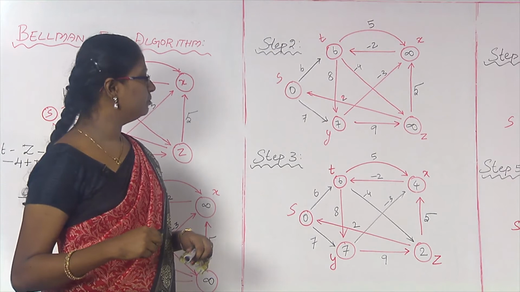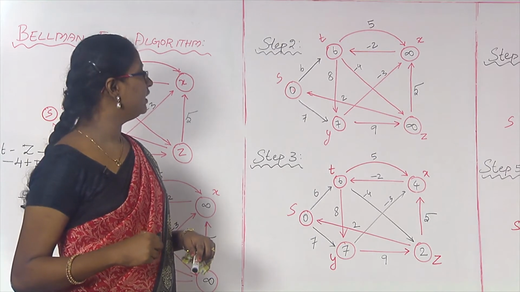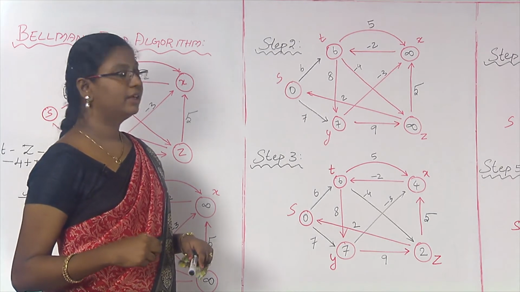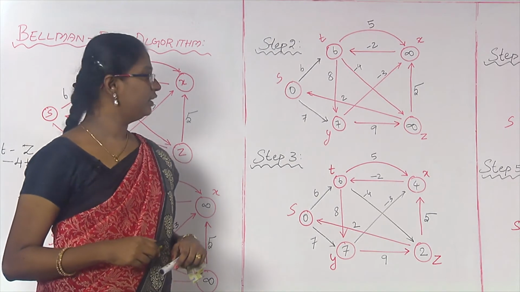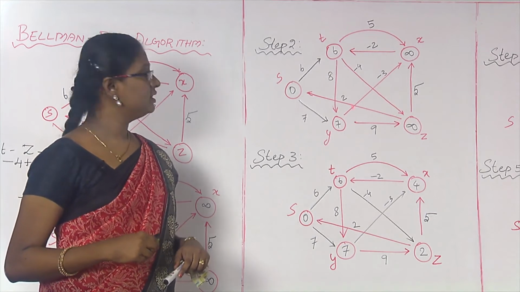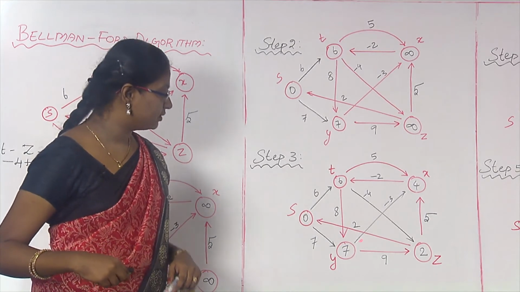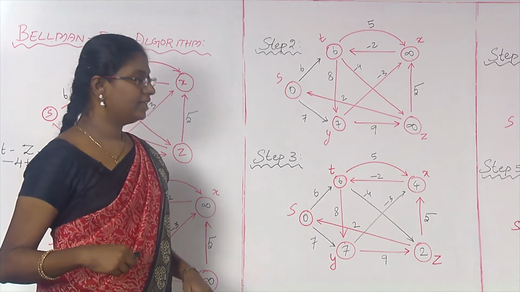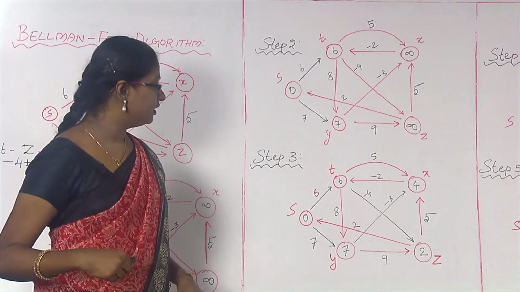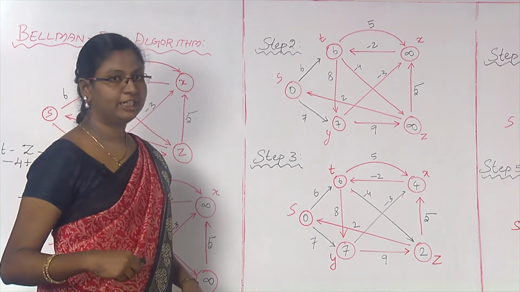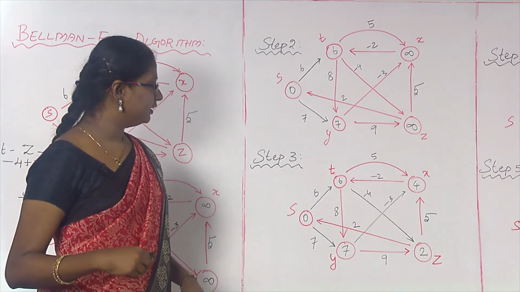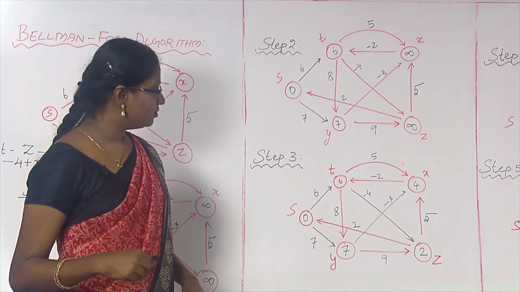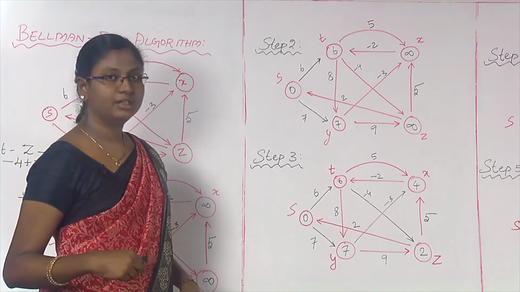So, we are going to move on to step 3 so that we can find the distance from S to X. For that, I am going to consider the arcs that emerge from T as well as Y. If I consider the arcs that emerge from T and Y, I can easily find the path from S to T followed by that particular arc. So, first consider the vertex T, and there are 3 arcs that emerge from the vertex T.